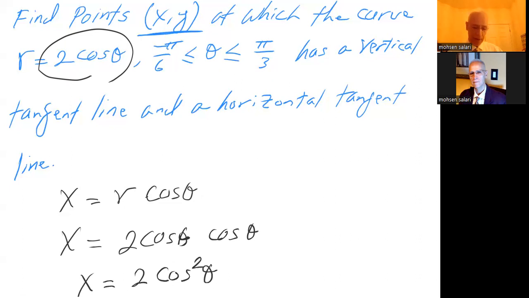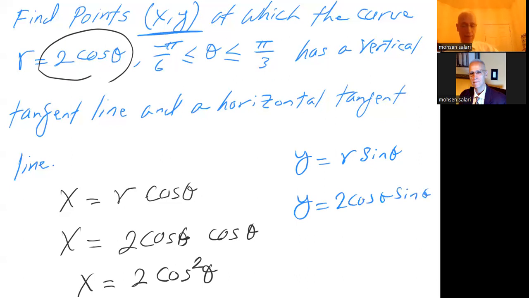And how about y? y equals r sine of theta. So y equals 2 cosine of theta times sine of theta, which is 2 sine theta cosine theta. So I can claim that y equals sine of 2 theta. Let's go ahead and go to the next page.